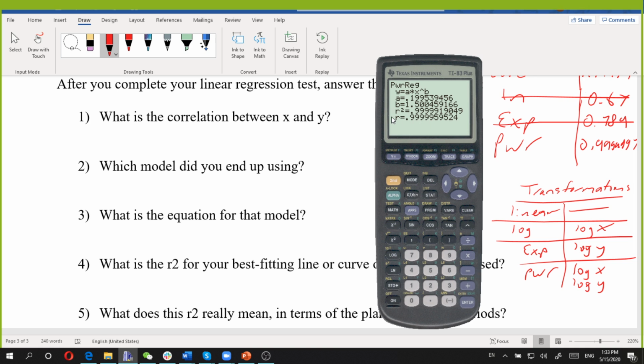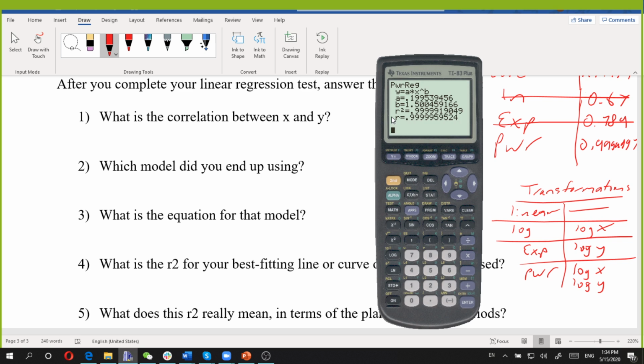Okay, so that's my correlation coefficient. What's the strength, linearity, and slope of our correlation? So strength first. Is it strong, moderate, or weak? Strong. Is it positive or negative? Positive. And then what's the linearity? What model did we use?